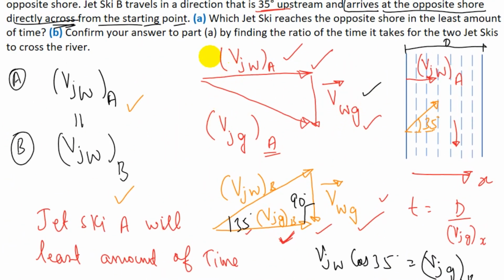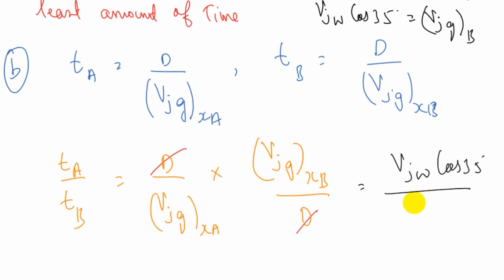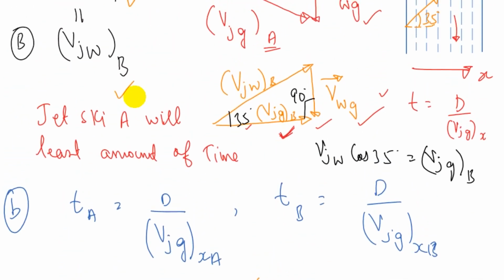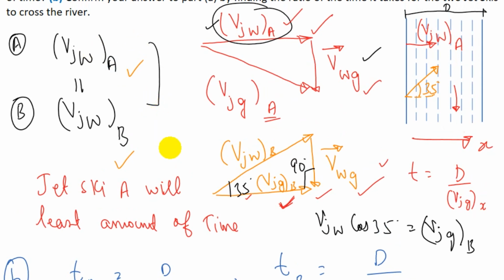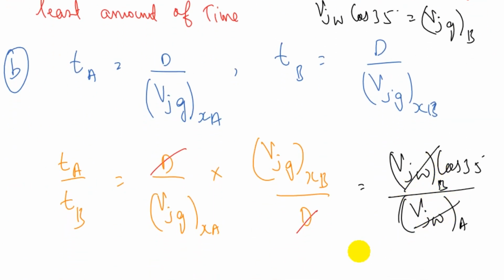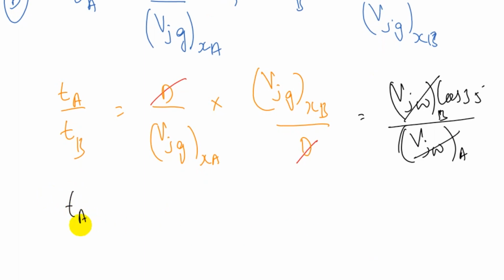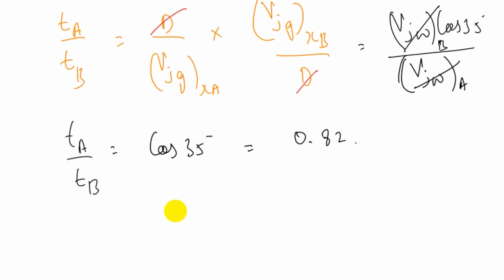Its x component is nothing but this one. So we can write VJW for A and VJW for B, and earlier we were given that these two values are equal. So this thing and this thing will cancel. So TA over TB will be equal to cosine 35°, and that is equal to 0.82. From this we can say that TA will be equal to 0.82 times TB.